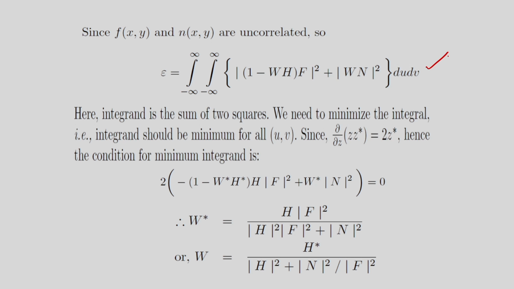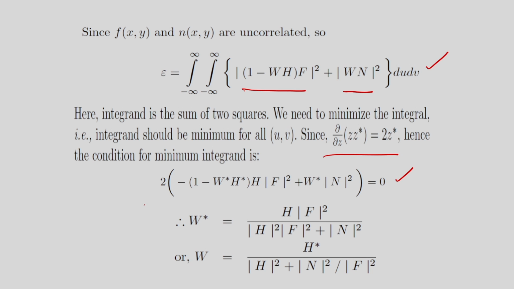And then the integrand is the sum of two squares. We need to minimize the integral, that is the integrand should be minimum for all the values of u and v. u is the spatial frequency in x direction and v is the spatial frequency in the y direction. So we have to consider this condition, and the condition for minimum integrand you can determine from this expression.